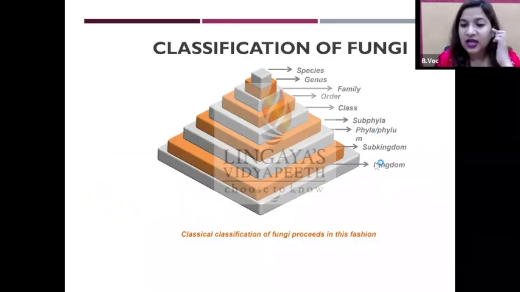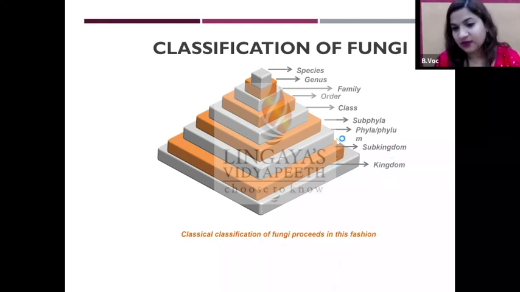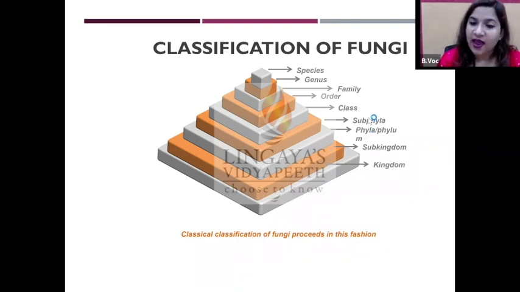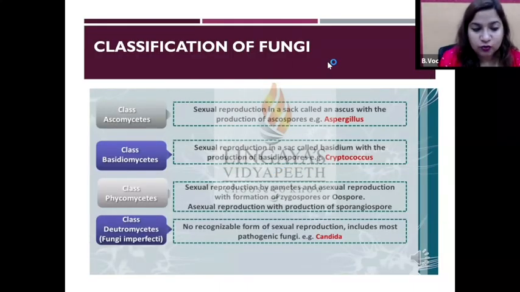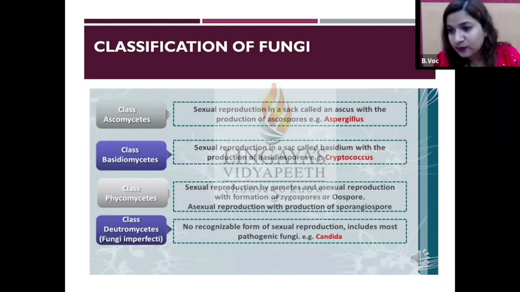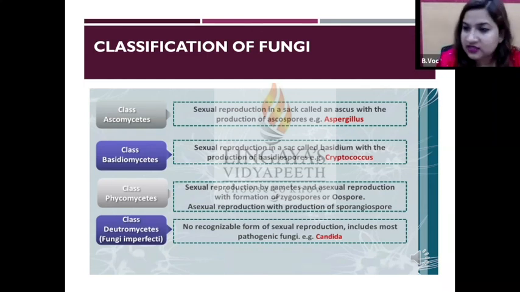Now talking about the classification of fungus, how are the fungi classified? So there is kingdom, then the kingdom is sub-classified into subkingdom, then there is phyla, then subphyla, class, order, family, genus, and the species. The fungi are classified into four major classes, which are ascomycetes, basidiomycetes, phycomycetes, and the deuteromycetes.